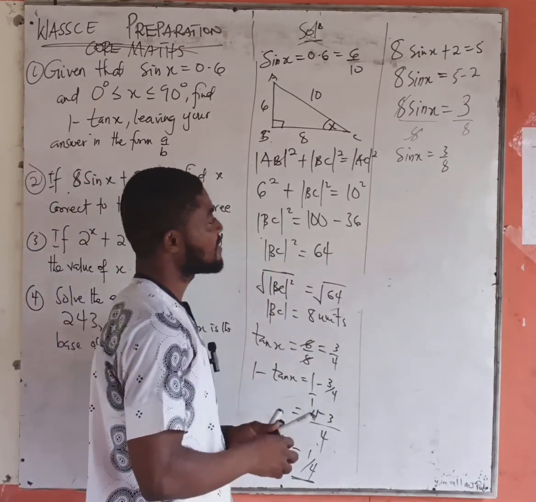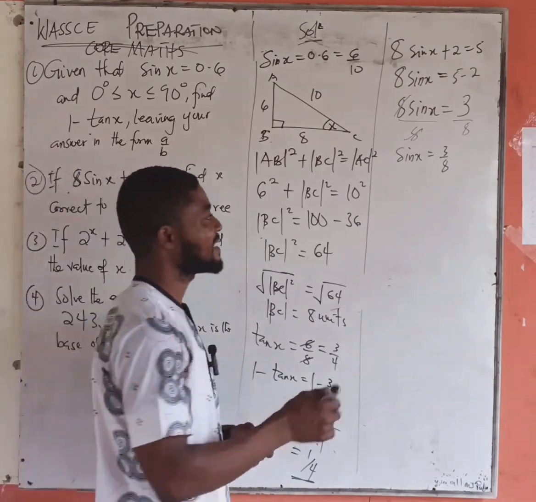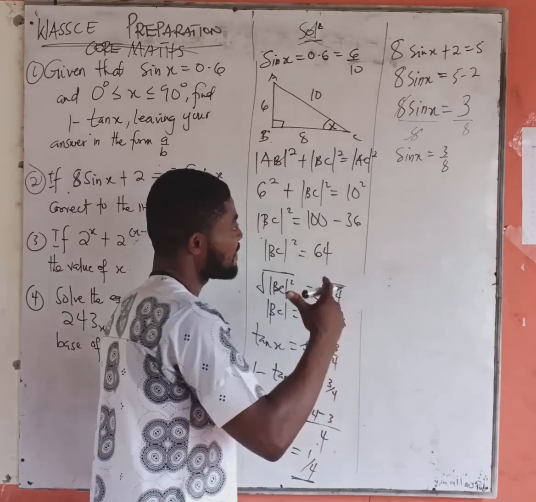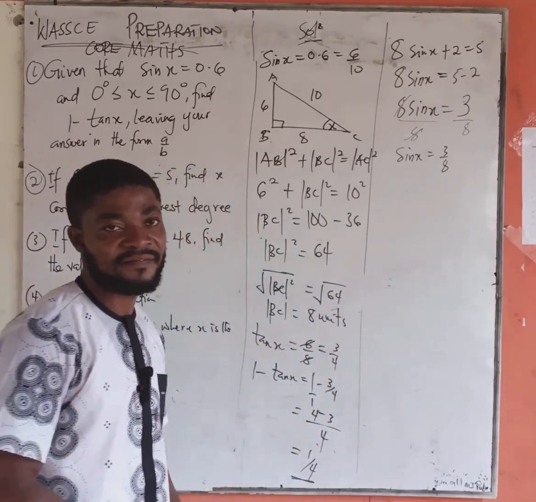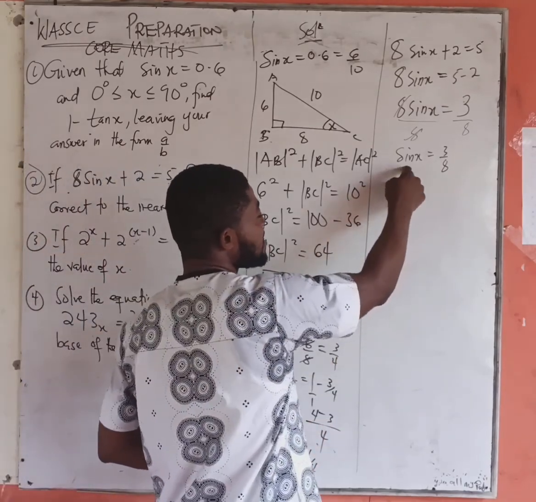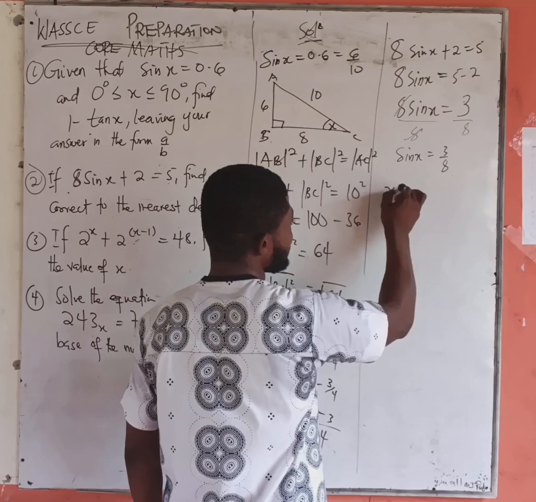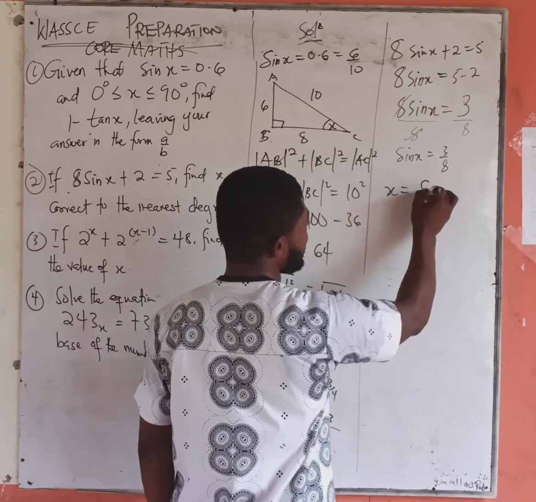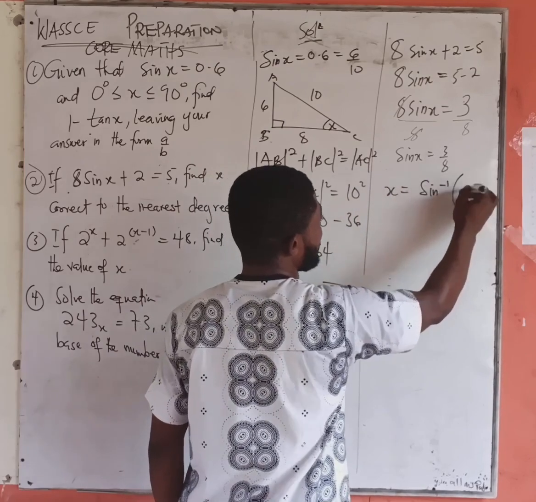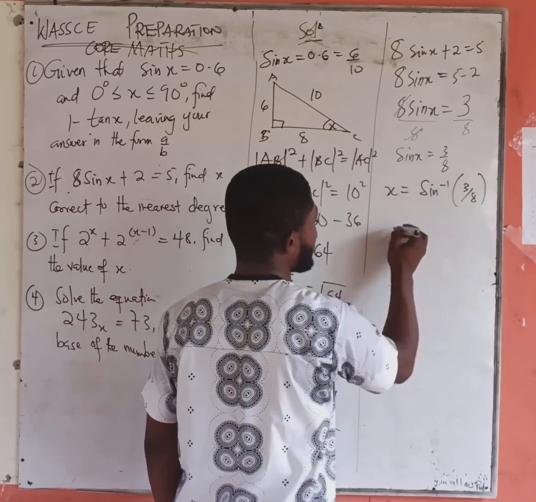Now, I want the value of x and not sine x. So I have to find the sine inverse of both sides. When I find the sine inverse of sine here, it goes away, then it appears over here. So x is equal to sine inverse of 3 over 8.